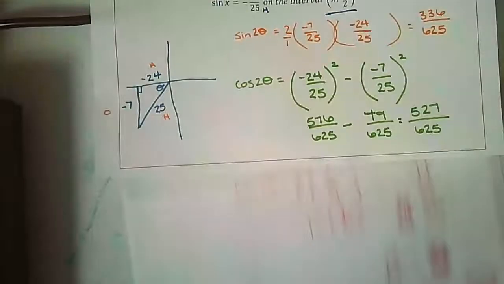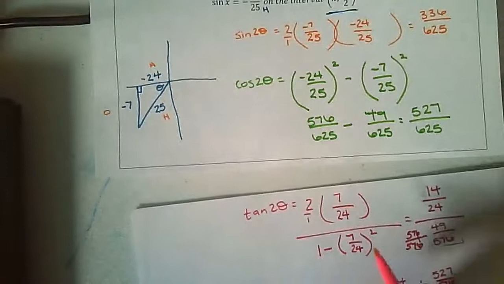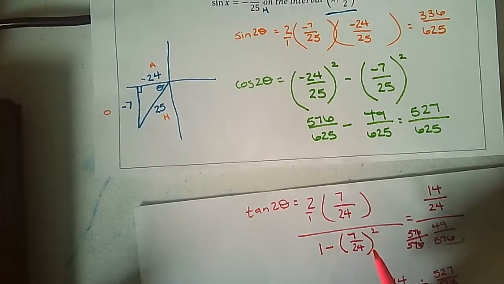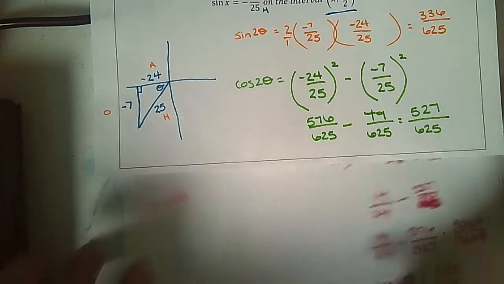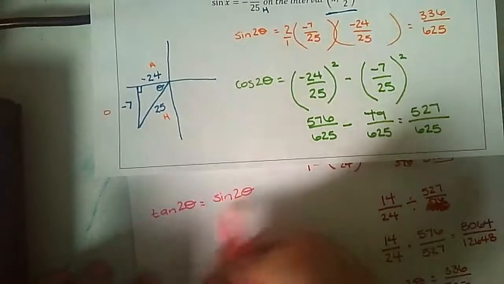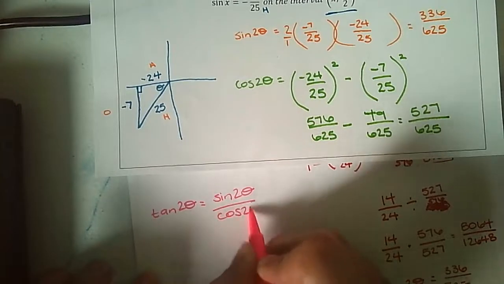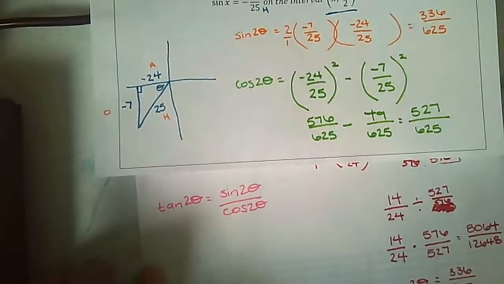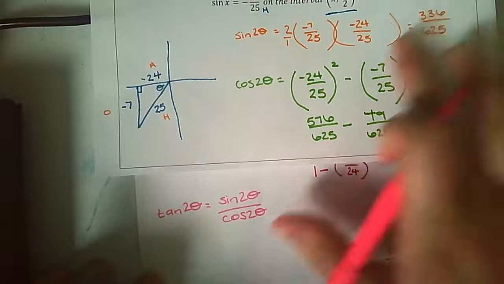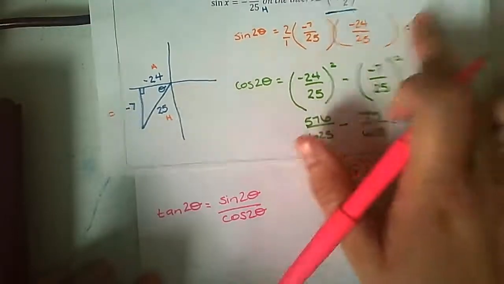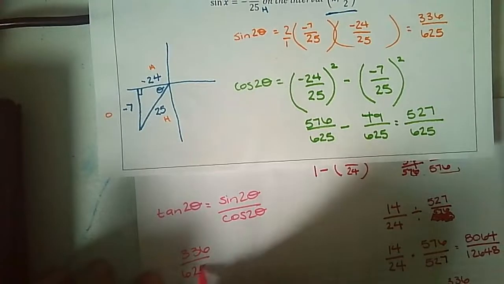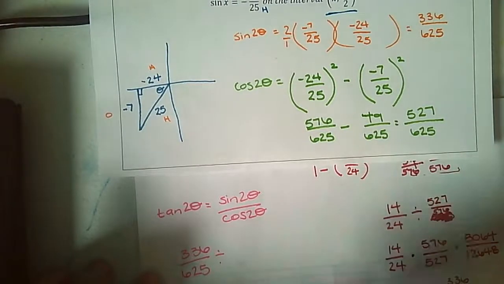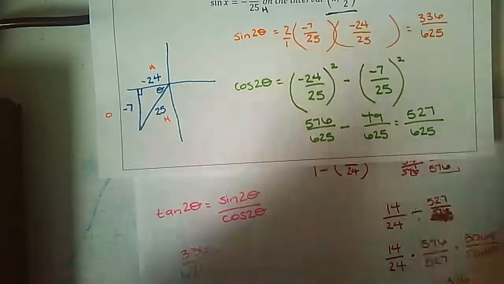So rather than using this complicated formula that had us do a bunch of extra steps, in order to find the tangent of double this angle, let's just do the sine divided by the cosine. So we've already figured out what the sine of 2 theta was. That was our first step. And let's go ahead and divide that by the cosine of 2 theta, which again, we've already found.